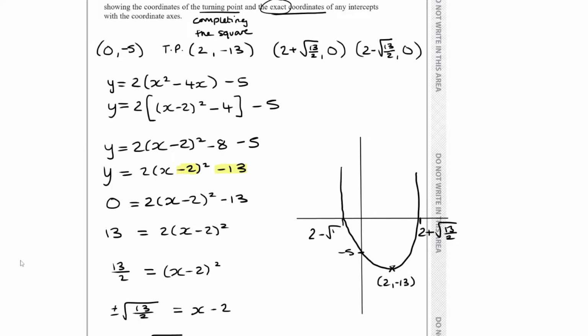So see how I don't have to actually work out root 13 over 2.